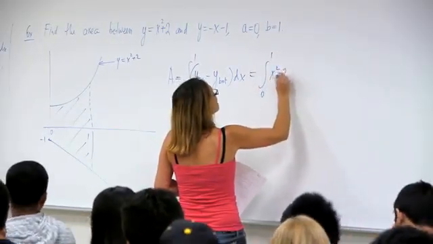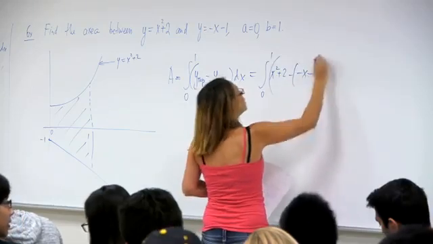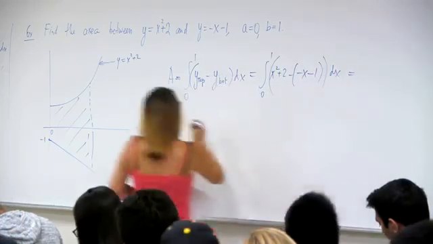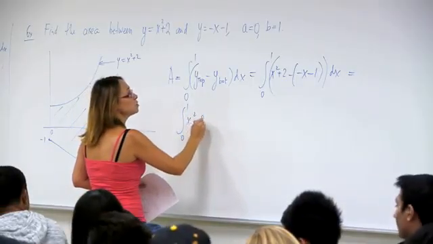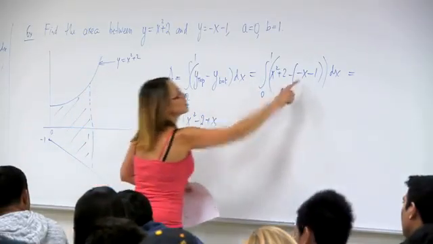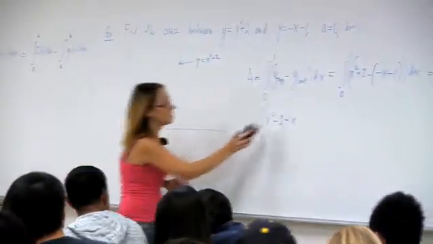X squared plus 2 minus x minus 1 dx. So let me rewrite it for convenience. X squared minus 2 plus x. So plus 1, I go plus 3 to save a step.